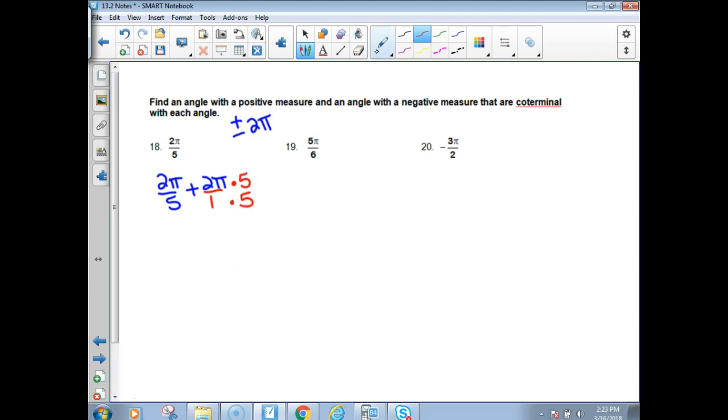Okay, that's going to give us, and I know it's plus or minus, so I'm going to just write this all at once, 2 pi over 5 plus or minus 10 pi over 5. 2 pi over 5 plus 10 pi over 5 would be 12 pi over 5. And the other one, 2 pi over 5 minus 10 pi over 5. 2 minus 10 would be negative 8 pi over 5.